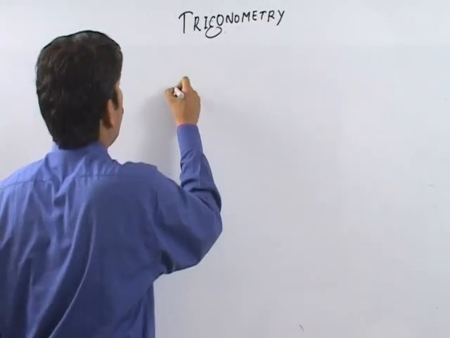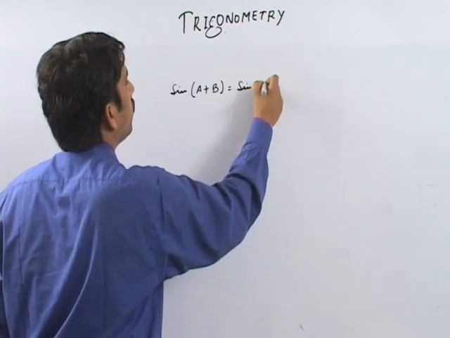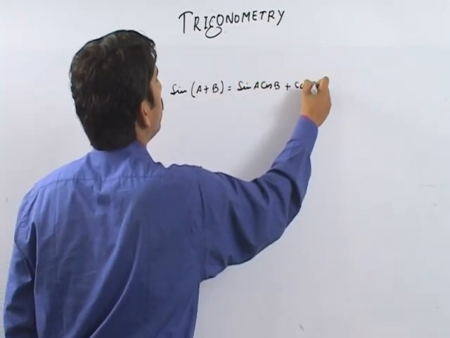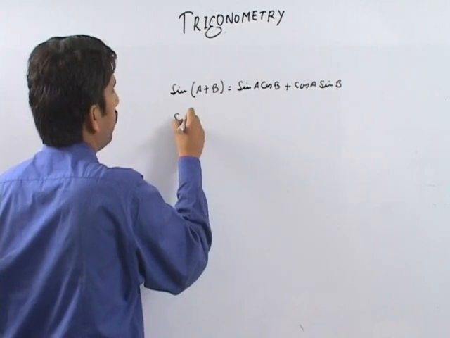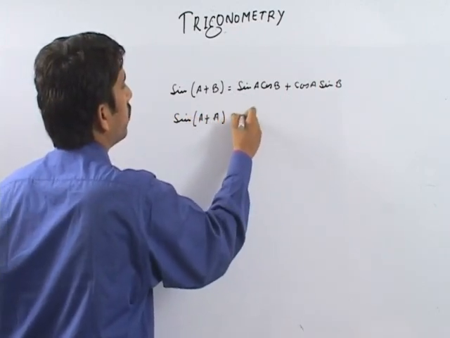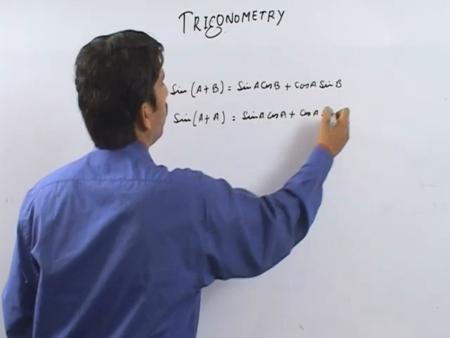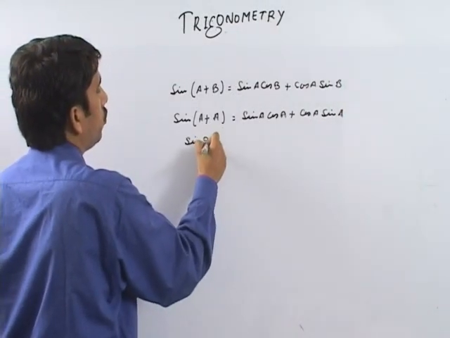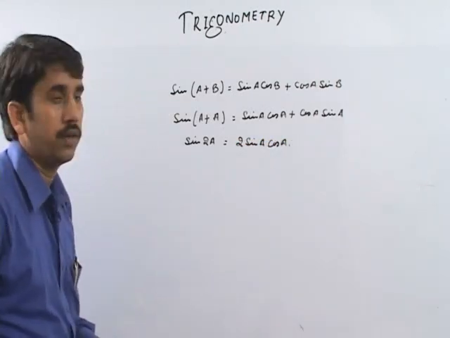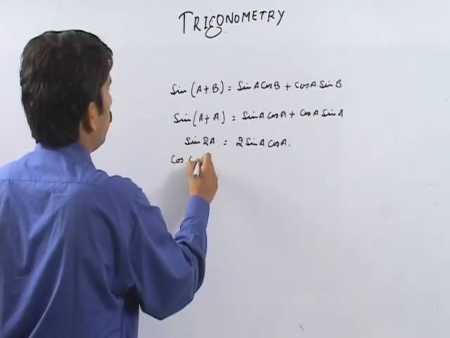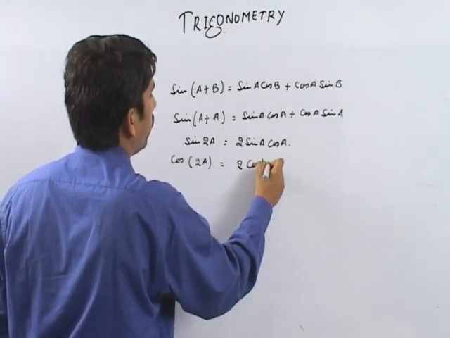Now, in the previous formula, sin of A plus B is equal to sin A cos B plus cos A sin B. If you replace this B by the same angle A, this will become sin of A plus A is equal to sin of A cos of A plus cos of A sin of A. This will become sin of 2A is equal to 2 sin A cos A, and cos of 2A, in a similar pattern you can prove, is equal to 2 cos square A minus 1.